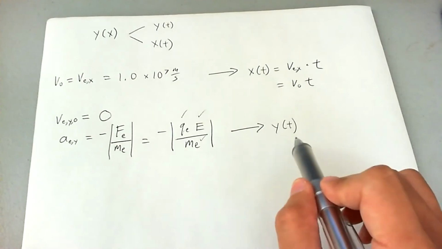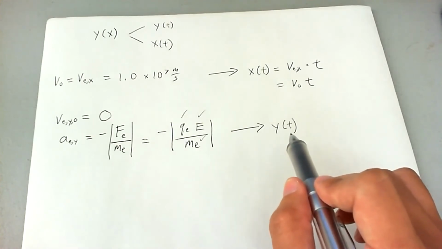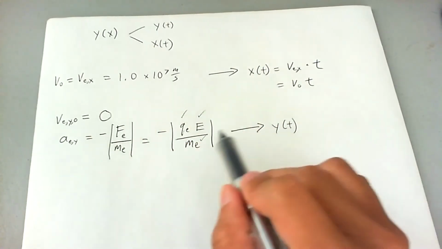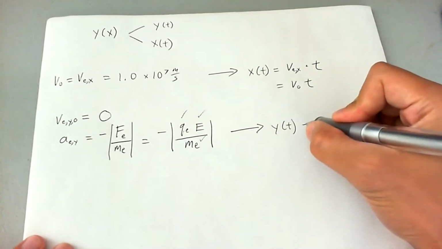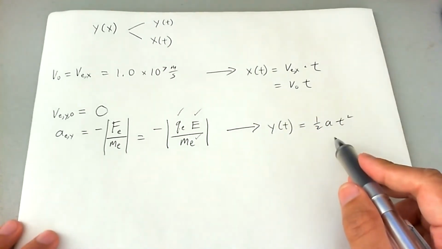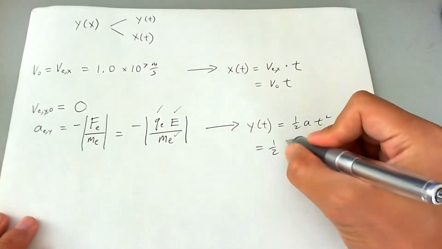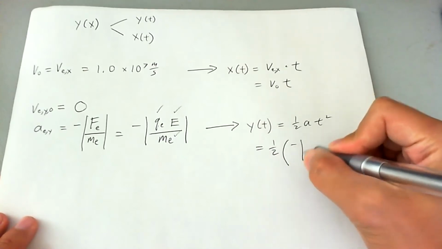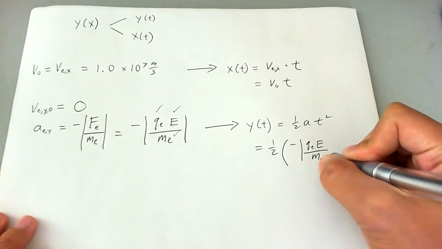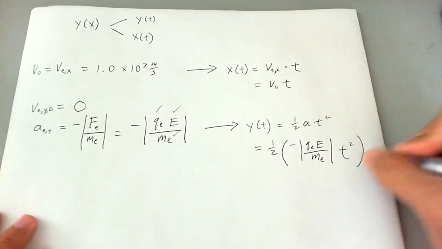If you want to know the position of something with respect to time, given only the initial velocity and acceleration and time, you basically say it's 1/2 a t squared. That's the kinematic equation. So that ends up being 1/2, and in this case, a is negative q E over m sub e, times time squared.